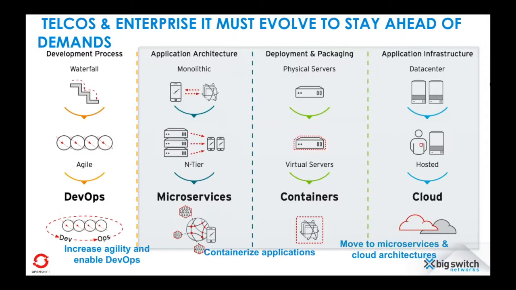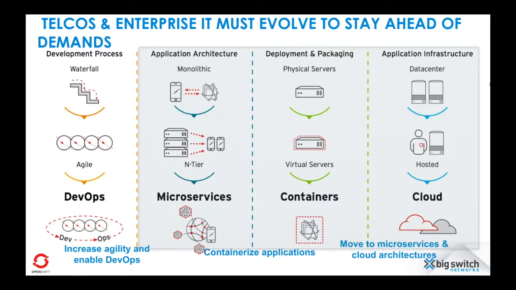Applications themselves, their architecture continues to change. Gone are the days when we were looking at monolithic applications or even n-tiered models where you had a strict hierarchy between different components within applications. Nowadays, applications are being reinvented through a microservices architecture and model, and that microservices model is being delivered through containers. So containerizing applications is the big buzzword of today. Also, if you look at it from a deployment and packaging perspective, you were deploying that piece of software in a monolithic manner on a physical server or bare metal.